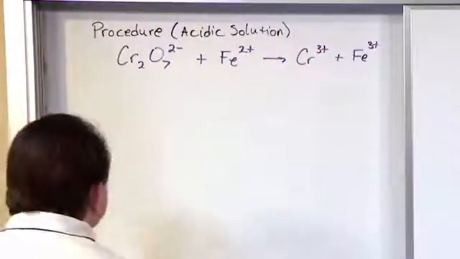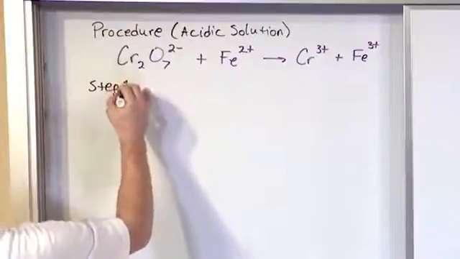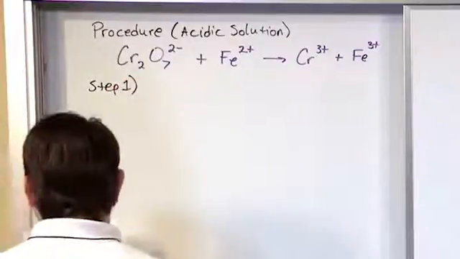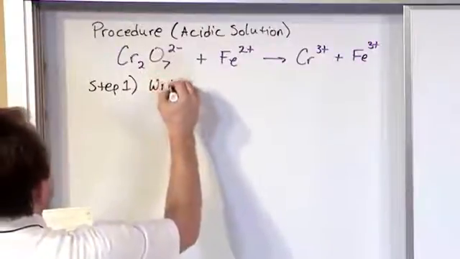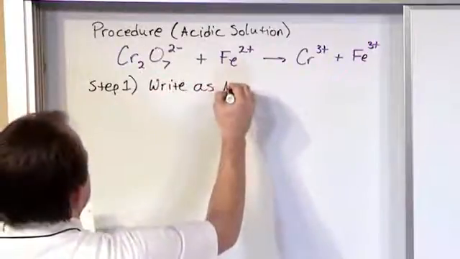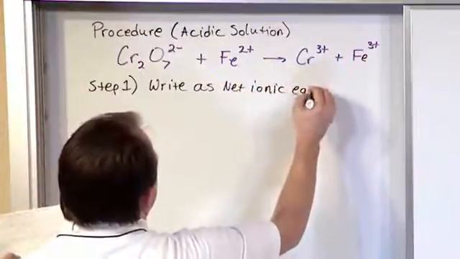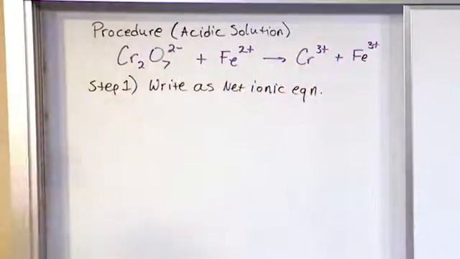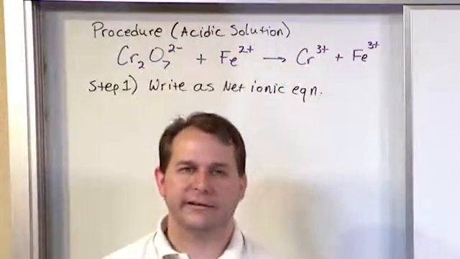What we need to do is step 1. Step 1, when you're given a redox reaction like this, an acidic solution, you need to write it as a net ionic equation. A net ionic equation is actually what we already have up here, but I just want to write it as step 1 so that you make sure and see that.